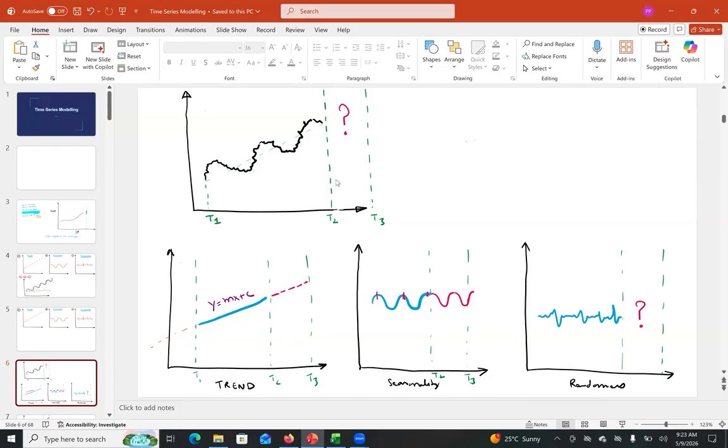But if I forget about this and focus on this chart, if someone gives you this blue line, can you predict what is going to be the value of this blue line from time period 2 to time period 3? The answer is yes. It is relatively easy. If you look at it, this is nothing but regression, where we are trying to predict a line, a trend.